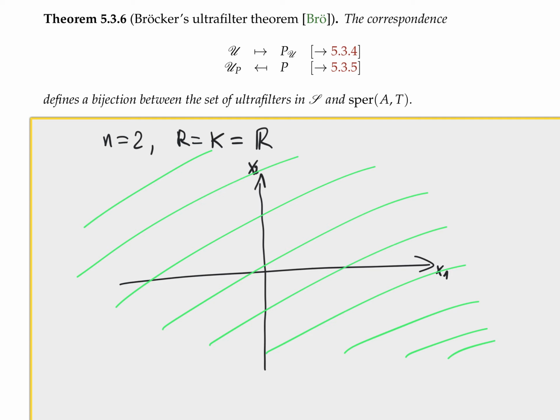Because R2 is always a filter set, all globally non-negative polynomials lie in every prime cone, right? You could have proven this in another way also, it's not completely trivial.